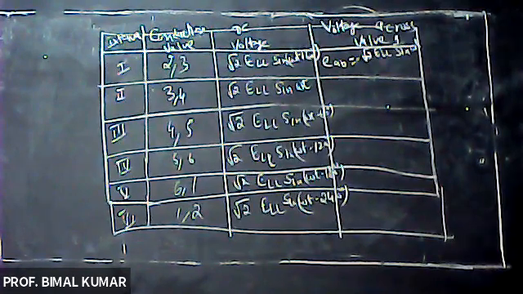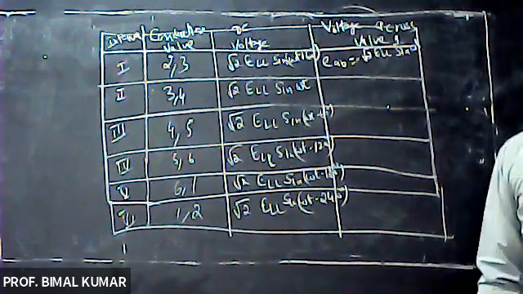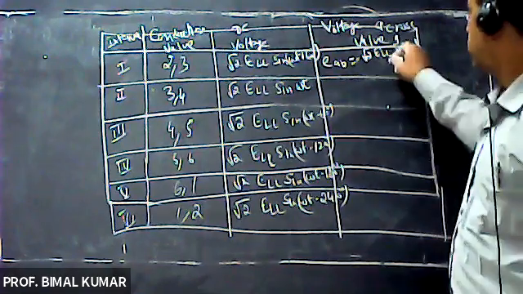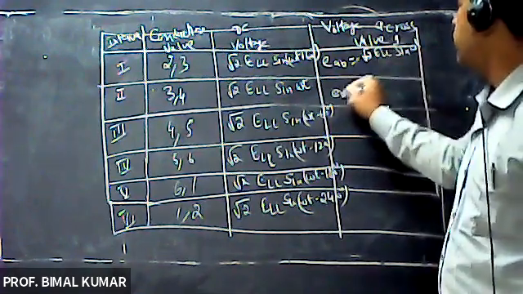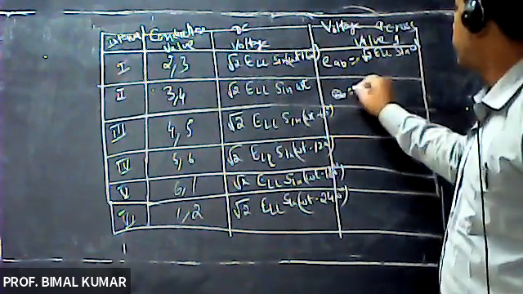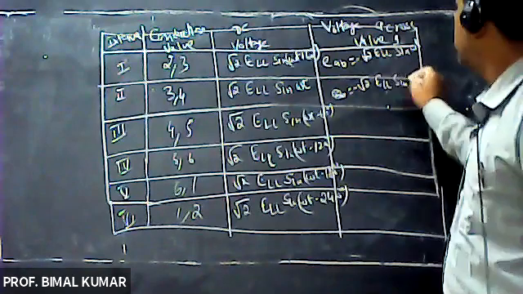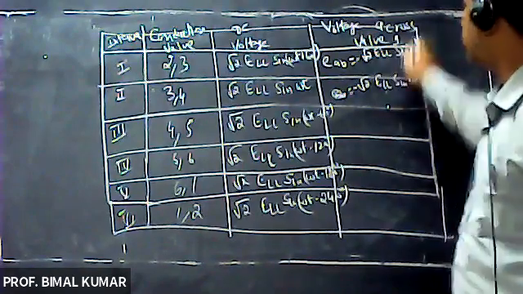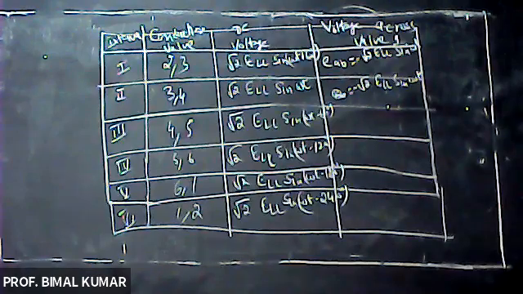Then after that, during the second interval, again, because during the first 120 degree this will be the same, EAB is equal to minus root 2 ELL sine omega t. During the first 120 degree, voltage across the valve is the same.